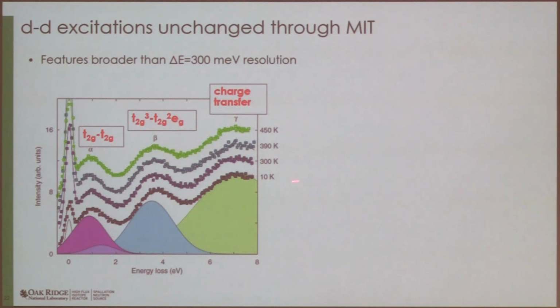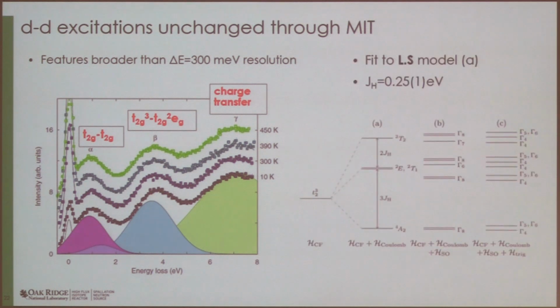This is from 10 K through the metal-insulator transition from the magnetic to the non-magnetic state, and these have just been offset by a factor. If we plot these real intensities, they overlap essentially exactly. So through the transition, we don't have any change in the local osmium ion. And we can fit this to a crystal field plus Coulomb interaction model.